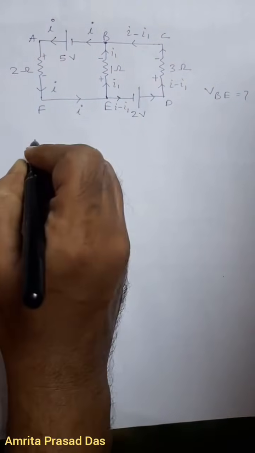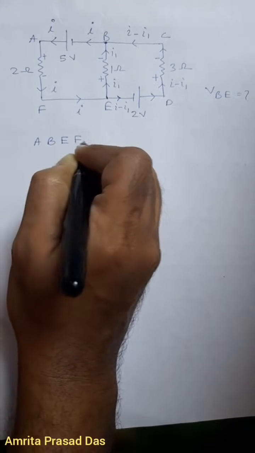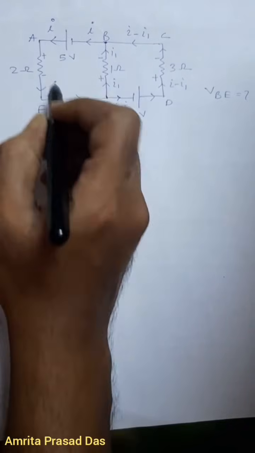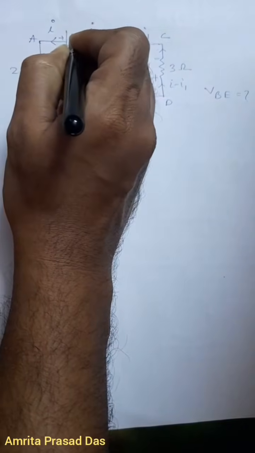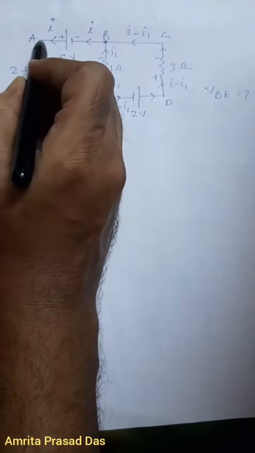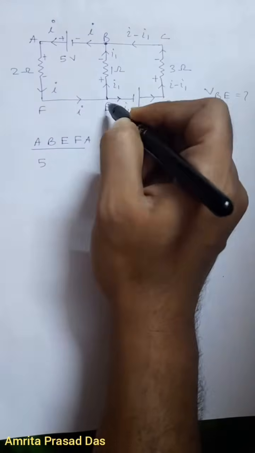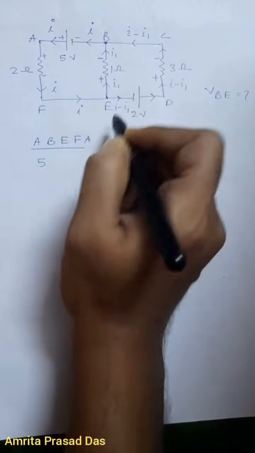Now consider the loop A, B, E, F, A. First we move from A to B. This is the high potential point of the cell, this is the low potential point. Therefore VA minus VB must be positive 5. Now from B to E, this one is the low potential point and this one is the high potential point.